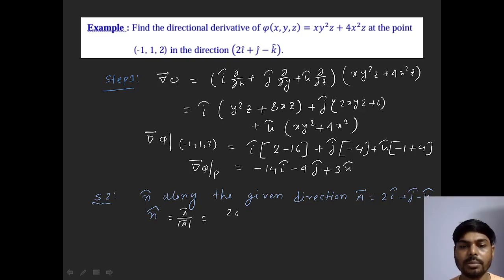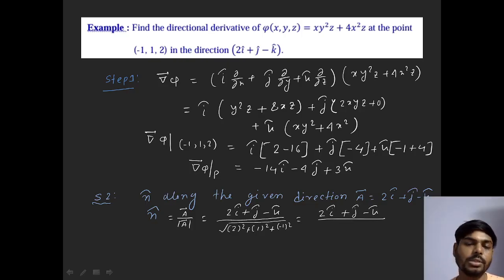A vector is nothing but 2 i cap plus j cap minus k cap, and the magnitude of this is square root of 2 square plus 1 square plus 1 square. So it is 2 i cap plus j cap minus k cap divided by this, which basically gives you 4 plus 1 plus 1, that is root of 6.